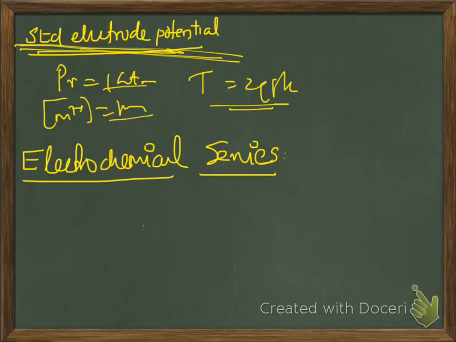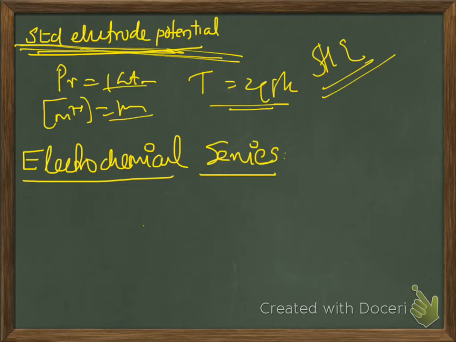Here in this section you have learned about SHE. What is SHE? Standard hydrogen electrode, which is a primary reference electrode using which we can calculate the standard electrode potential of other electrodes. I don't want to detail here, and the setup and maintenance of SHE is very difficult because it involves a gaseous reactant, hydrogen.